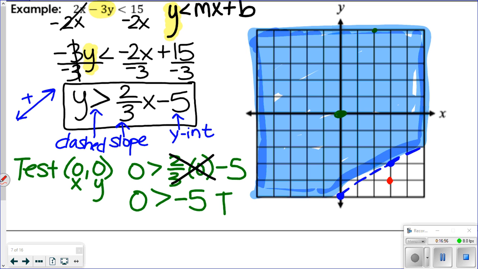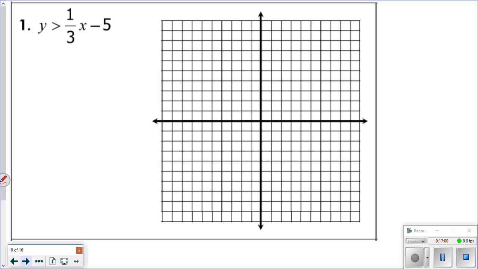Go ahead and turn your paper over. We're going to look at question 1. Step 1 says to convert this to slope-intercept form, but it's already in slope-intercept form for us. So we're going to plot our y-intercept, which is down at negative 5. So from your origin, on your y-axis, count down 5 boxes.